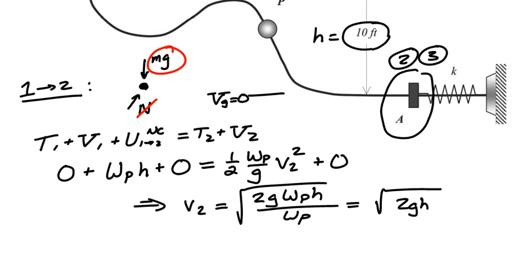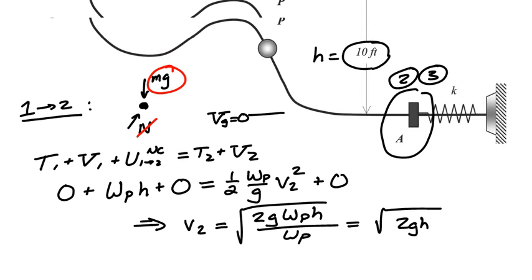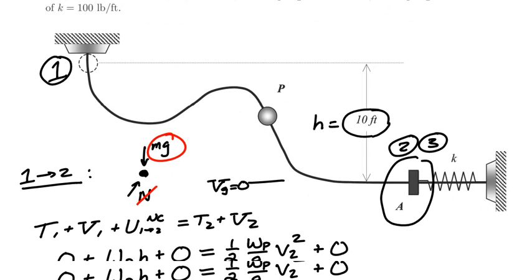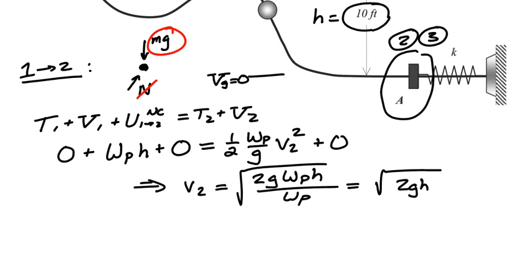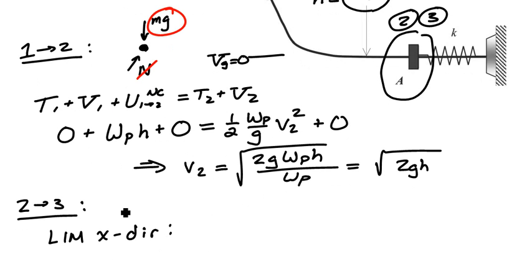If I have that now, I can go through the impact event. And I'm going to go through the impact event assuming that the spring's not actually compressed during that. So I'm going to assume the spring has no effect. And so if I go through 2 to 3, what I can say here is that I'm going to assume linear impulse momentum in the x direction is conserved, again, noting that the spring's not compressed. So in this regard, I should draw a free body diagram here, of course. If we draw the system now to be P and A, I'll have the net weight of the system acting down. I'll just call this W. And I'll have a normal force acting up from the rod, so I'll call this N. And so there's nothing in the x direction.